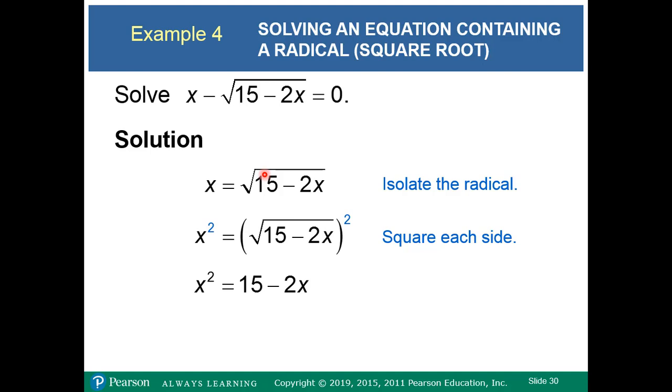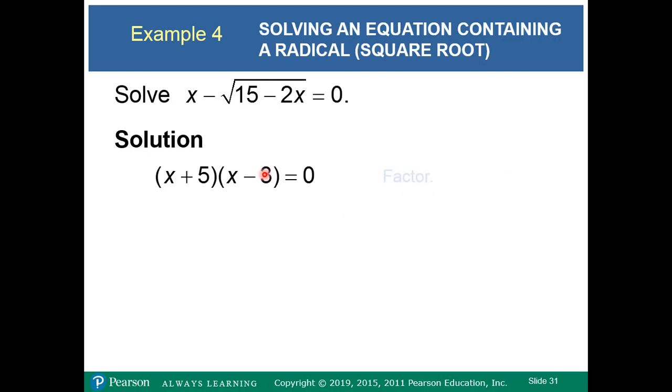And now we can put this in standard form and try to factor it. We have 3 and negative 2, or no, I'm sorry, 5 and negative 3. And so here are our factors.